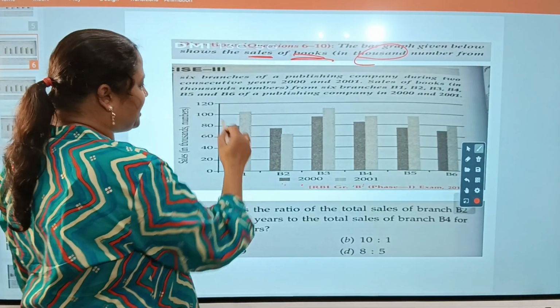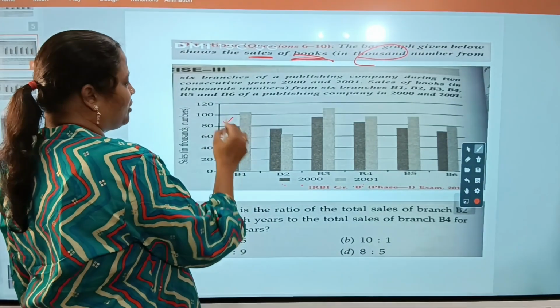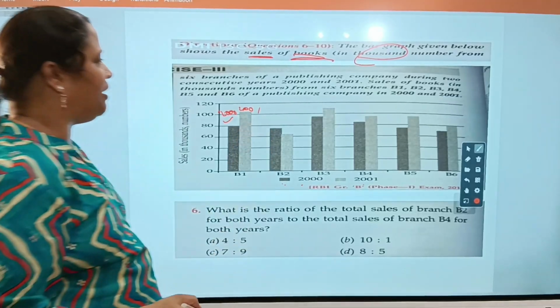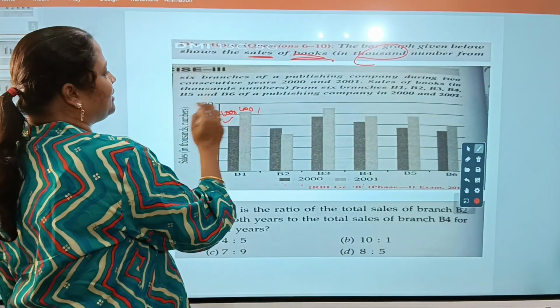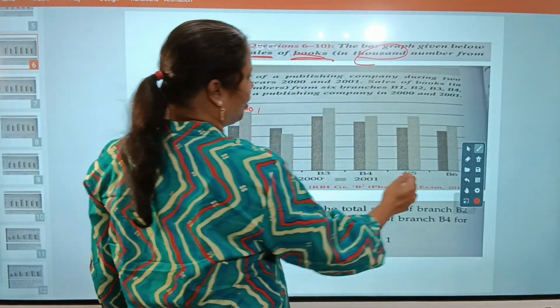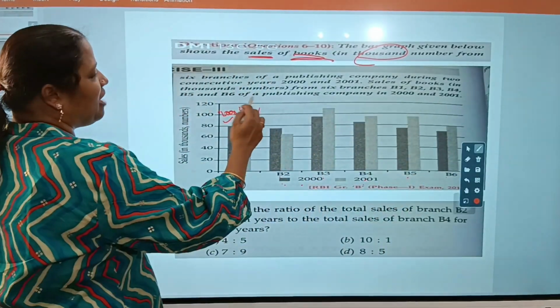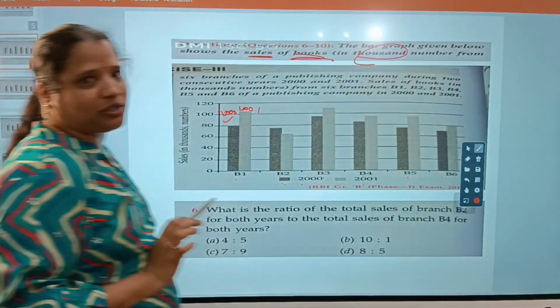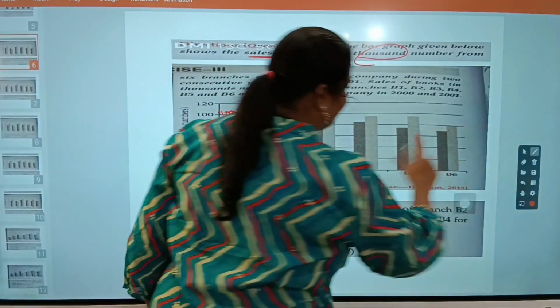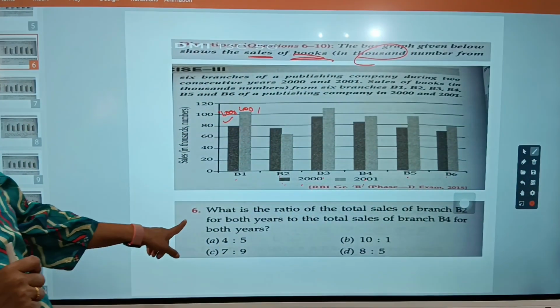The year 2000 is represented by black, and light grey color is 2001. Sale of books in 1000 numbers from 6 branches B1, B2, B3, B4, B5, B6 of the publishing company in 2000 and 2001 is given. Based on this bar graph, we have to answer the given questions.